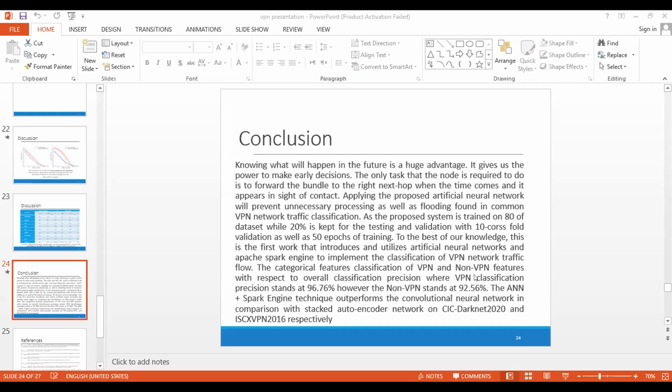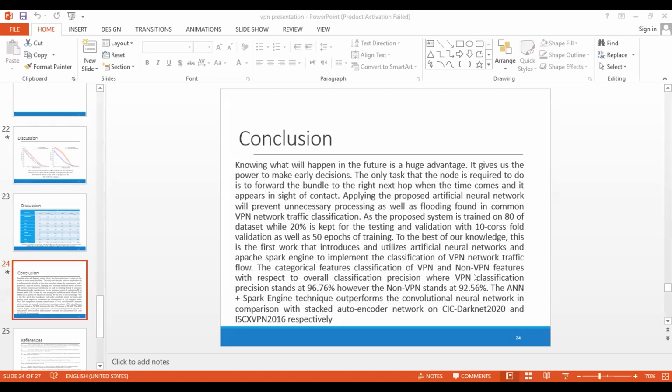Now, what will happen in the future is a huge advantage. It gives us the power to make early decisions. The only task that the node is required to do is to forward the bundle to the right next hop when the time comes and it appears inside of contact.